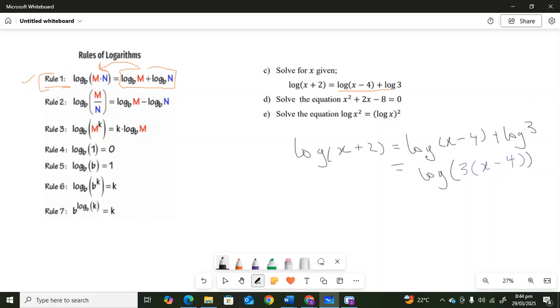Okay, we've just applied this rule 1 here. All right, as you've seen, we're moving from here back to this. So that's how we've now remained with log, open brackets, 3 multiplied by (x minus 4). Any questions before we go to the next step?